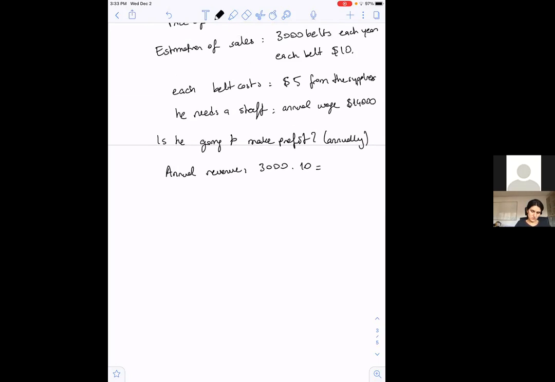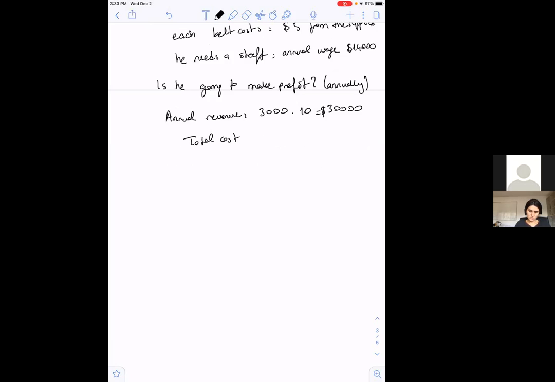And total cost: cost of belts, 5 times 3,000, plus the 14,000 wage.